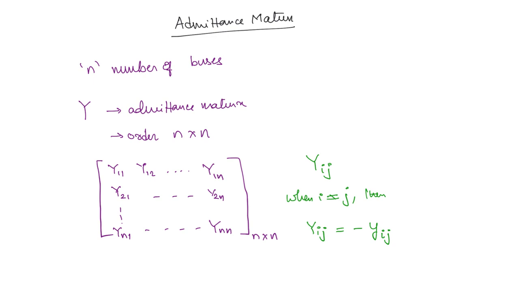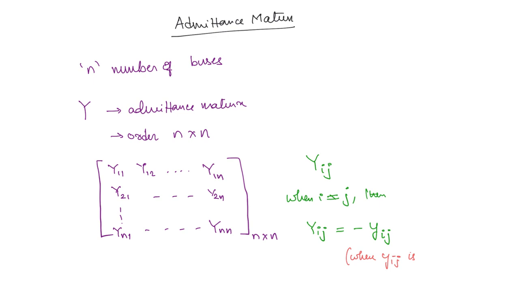Okay, so you can write here where yij is, see, remember here it is a small letter. Small letter represents the actual admittance of the transmission line that we are considering. Capital Y, if we are taking, is the element of the admittance matrix.